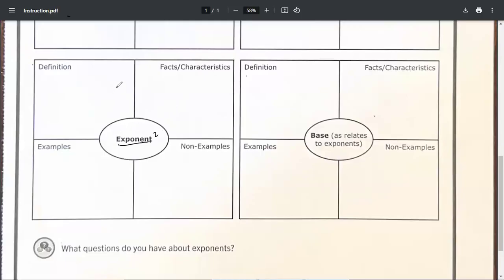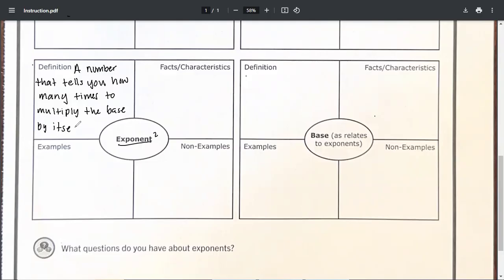But when we write a definition, the definition is going to be a number that tells you how many times to multiply the base by itself. Right? So an exponent is going to tell you how many times you multiply its base by itself.